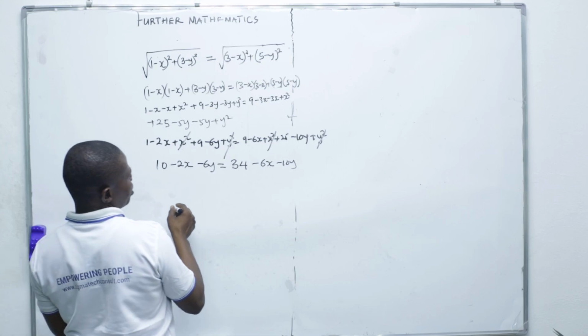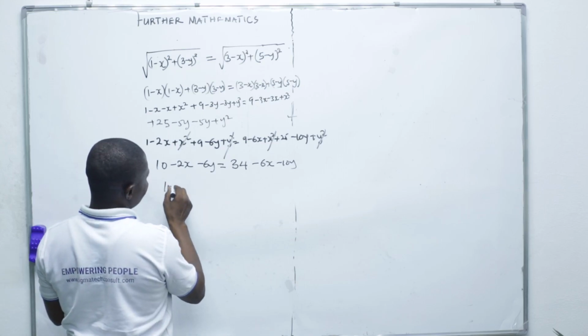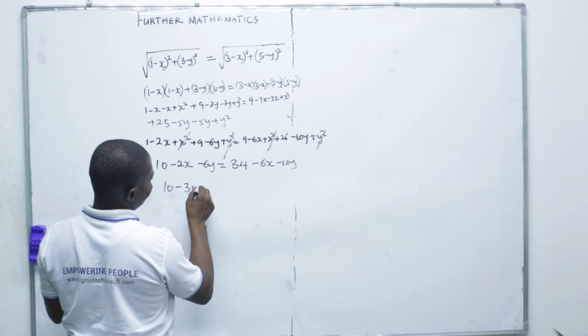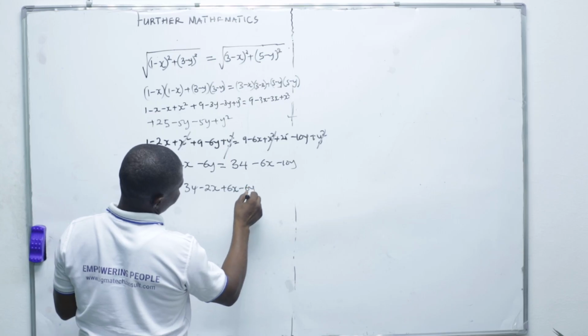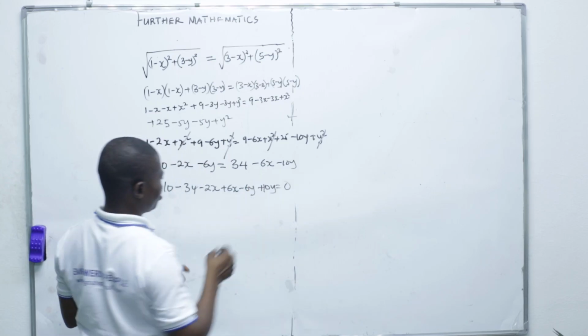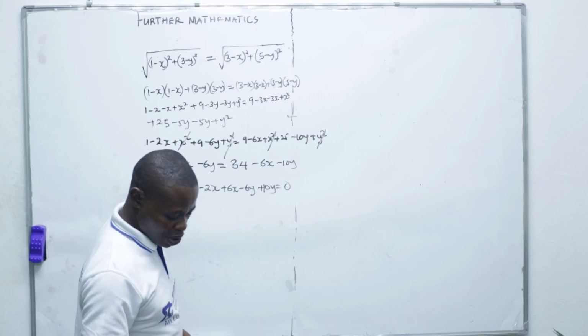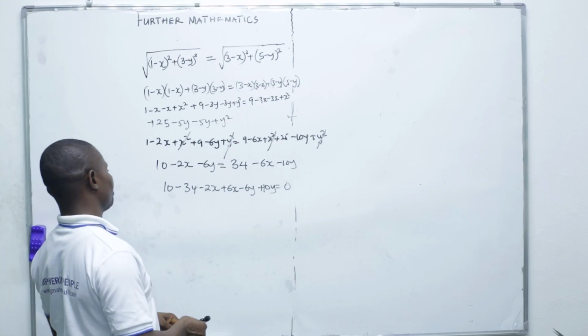I will have to say that 10 minus 34 minus 2x plus 6x minus 6y plus 10y equals 0. I'm reducing it because, you know, I told you their target is just an equation. Form that equation for them.